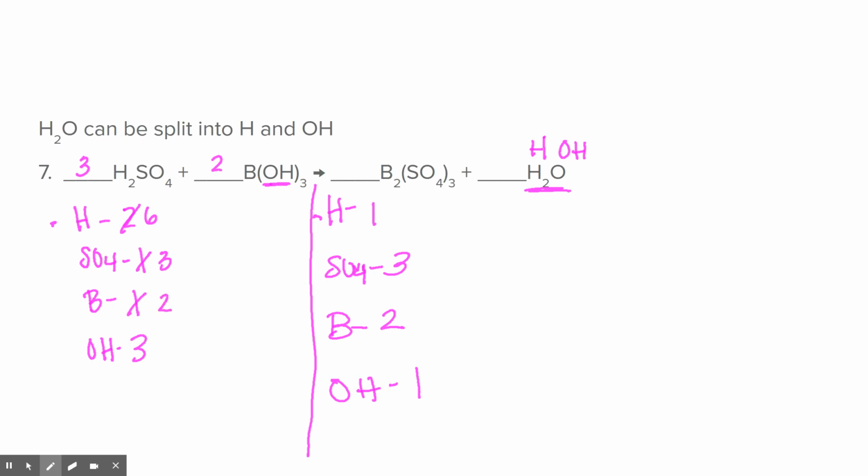That changes my boron and my hydroxide. Now the things that don't match are H and OH. They need to be 6, so I need a coefficient of 6. And everything matches then.